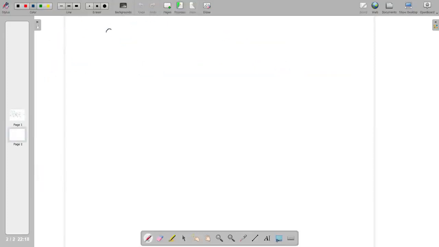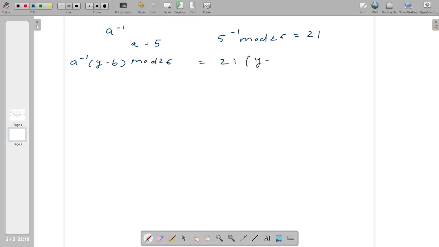For this same example, A is 5, so 5 inverse mod 26 is going to be 21. So it means A inverse y minus b mod 26 is 21 y minus 8 mod 26, because b was 8.